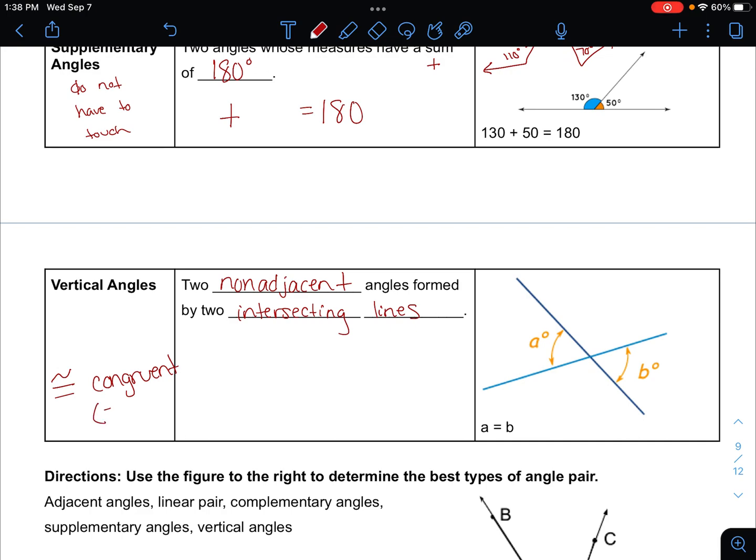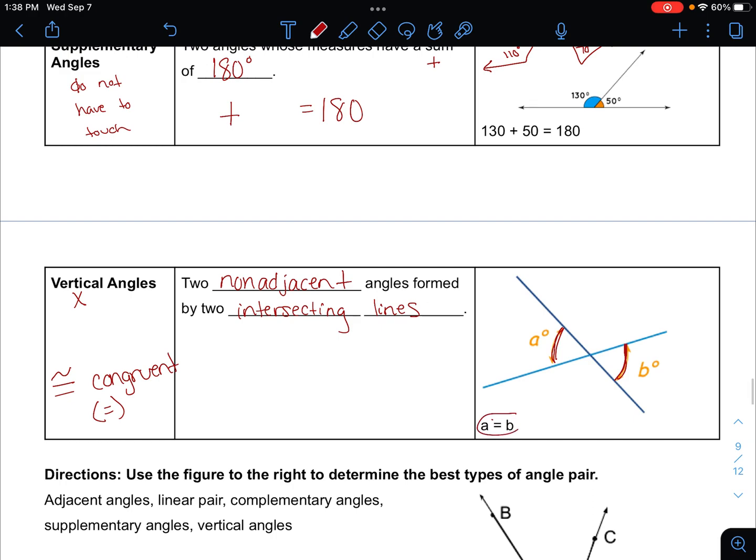Okay, so this shape, which is also going to come back to haunt us, is congruent. And all that means is the same thing as equal. Okay, but we use congruent most of the time in geometry because we are talking about different measures. Okay, so whenever I think vertical angles, I like to look for an X shape. Okay, and when this is true, our opposite angles, so angle A and angle B, are opposite of each other, so they are congruent or equal.